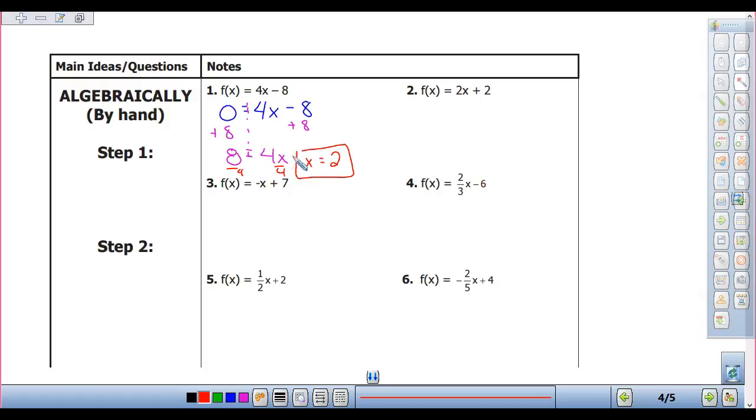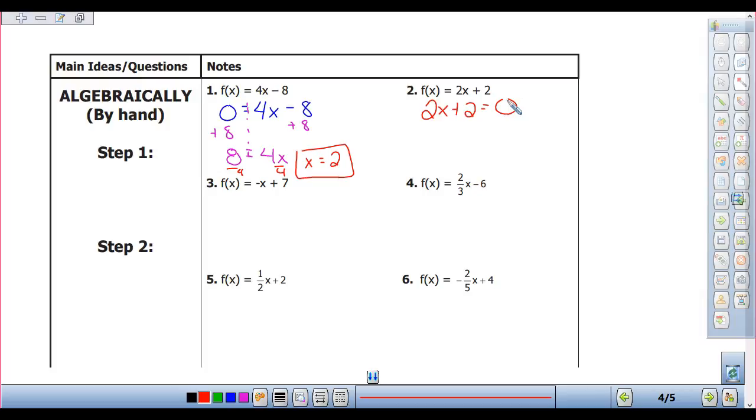Okay? If you don't like to write it with 0 coming first, you can totally flip that around. Just write it as 2x plus 2 equals 0. Instead of 0 equals 2x plus 2, I always like to have my x's on the left.